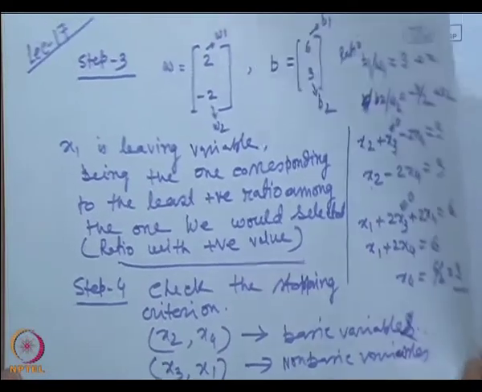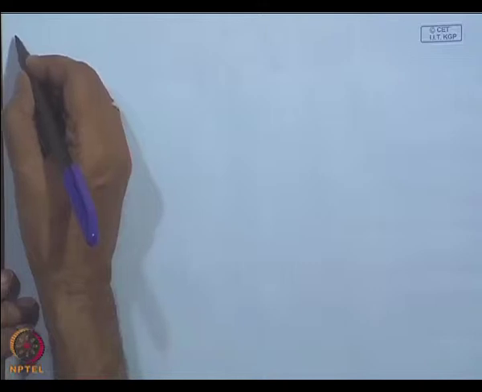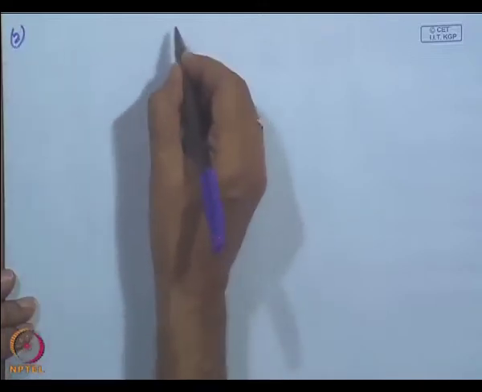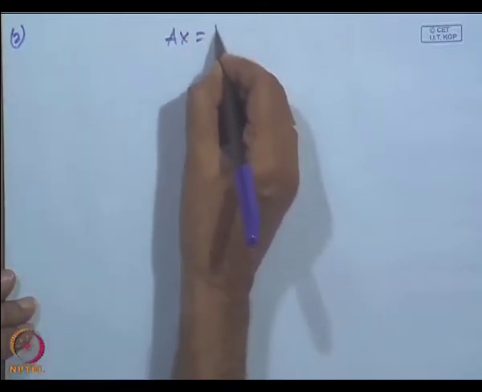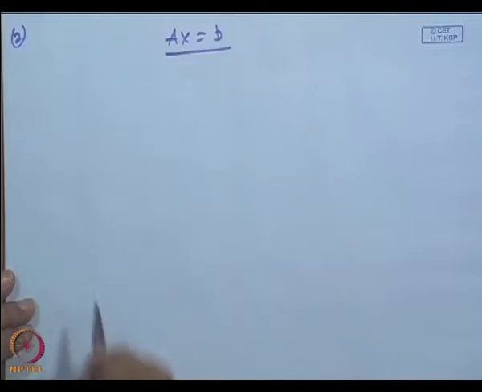So, we have identified. Now, once again, from A x is equal to b, we can identify which variables are basic variables and non basic variables. We have a matrix A, x is equal to b.